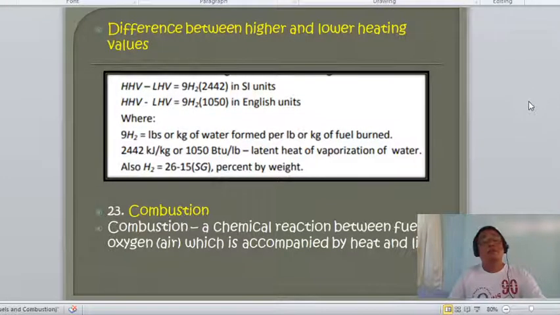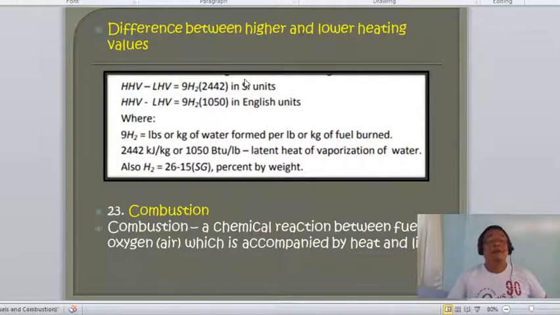So, let us now consider the difference between the higher and lower heating values. The difference between the higher and the lower heating values equals 9 multiplied by hydrogen multiplied by 2442, in SI units. And in English, HHV minus LHV equals 9H, and then changing 2442 to English in BTU per pound, that is 1050.